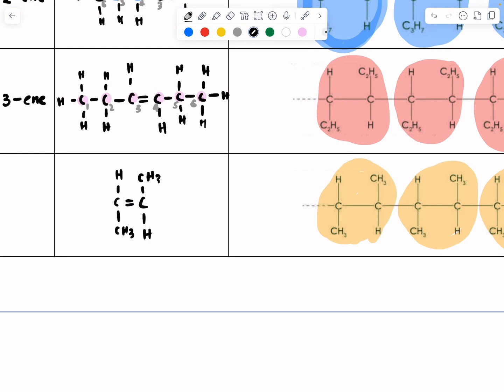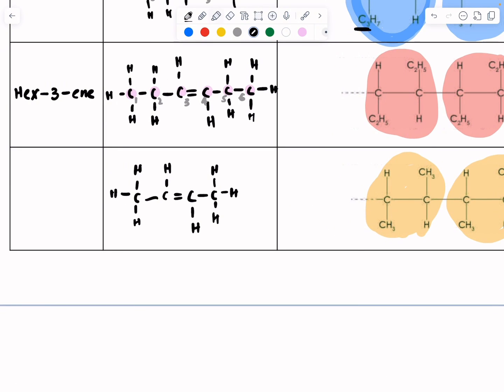And so I'm going to move this CH3 group over here. And then we can also move this CH3 group over here, just so that we can easily count the longest chain when we have to go to name it. And so as you can see here, we've got 1, 2, 3, 4 carbons.